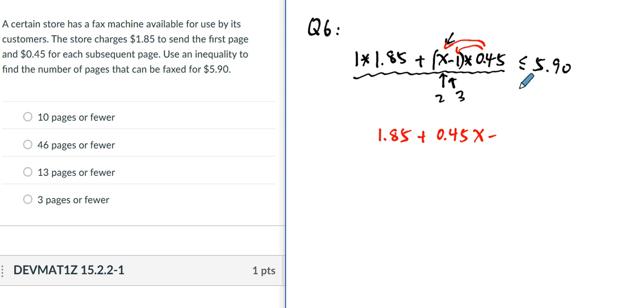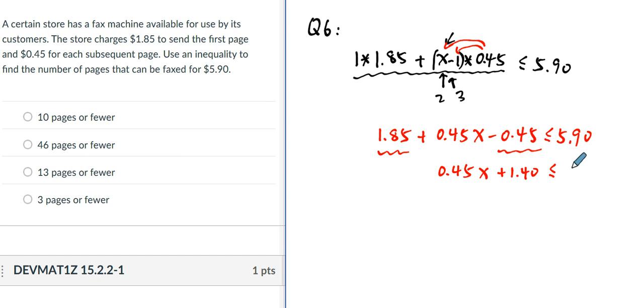Subtract 1 times 0.45, which is 0.45, less than or equal to 5.90. You combine 1.85 minus 0.45. What we get is 0.45 times x is not changed, and then you have $1.40, less than or equal to 5.90.